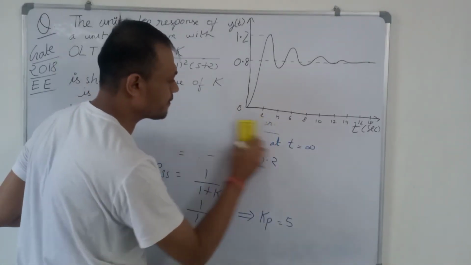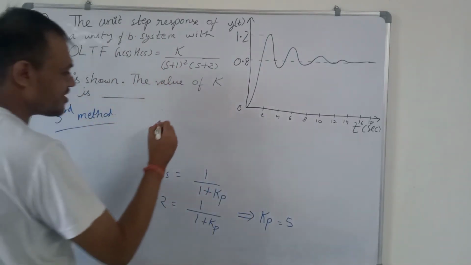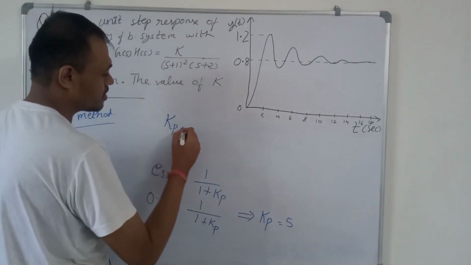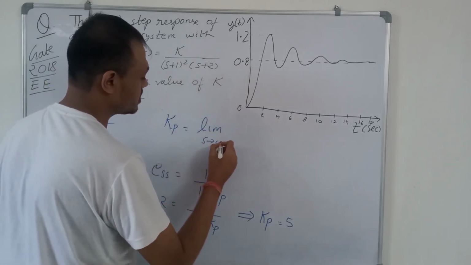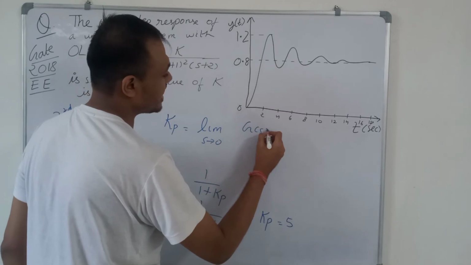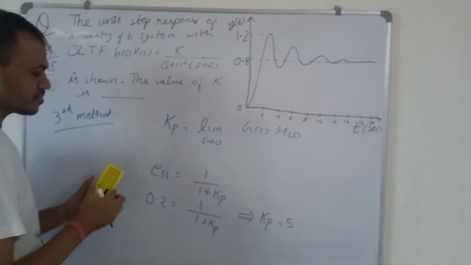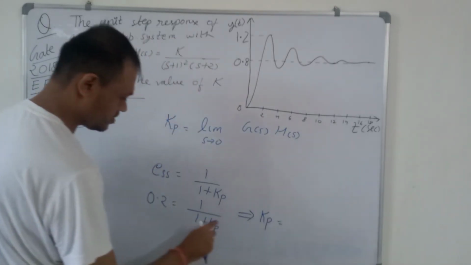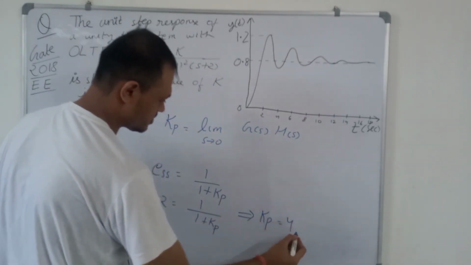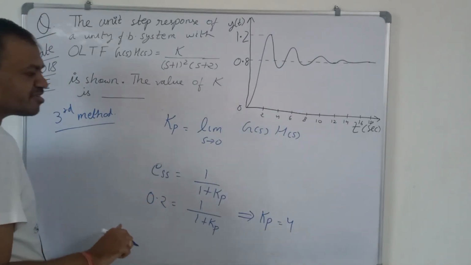Now Kp is given by limit s tends to 0 of g of s h of s. Sorry, Kp here will be equal to 4, because if you multiply, then Kp will be equal to 4.